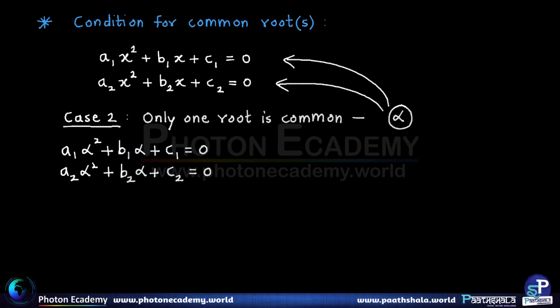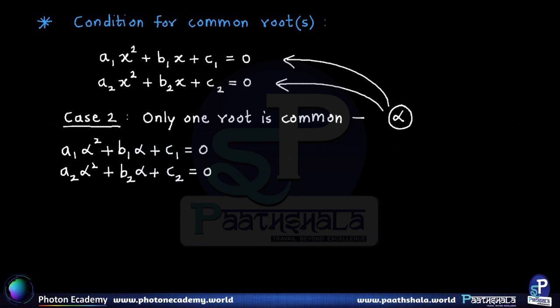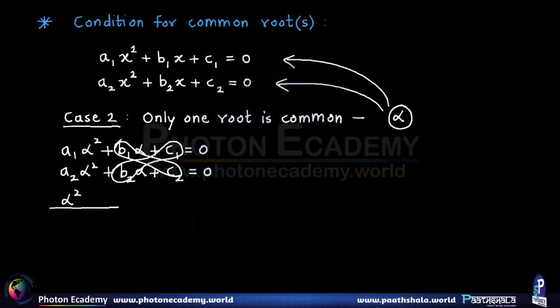So therefore by solving these two equations by cross multiplication, we can write down alpha square divided by the particular cross product, as we know, that is equal to b1 c2 minus b2 c1.